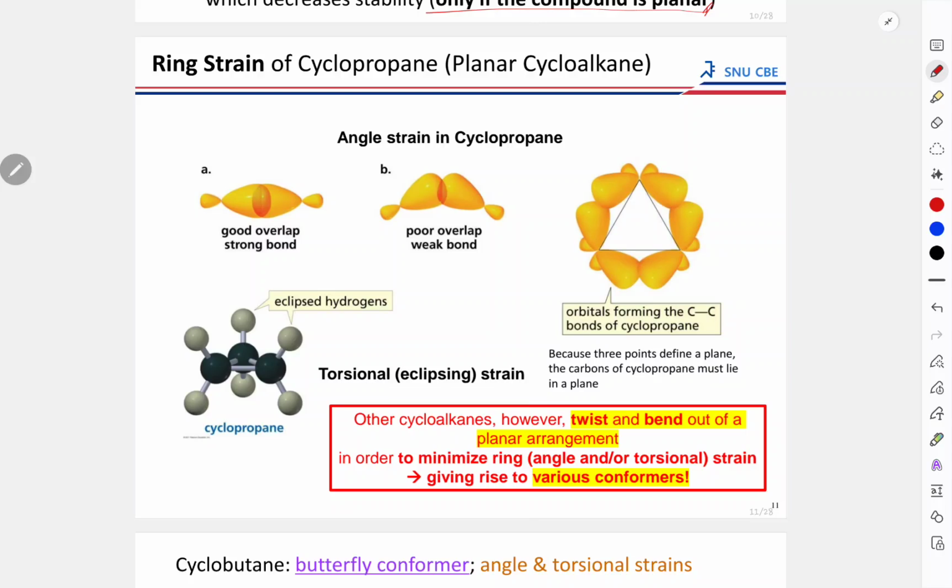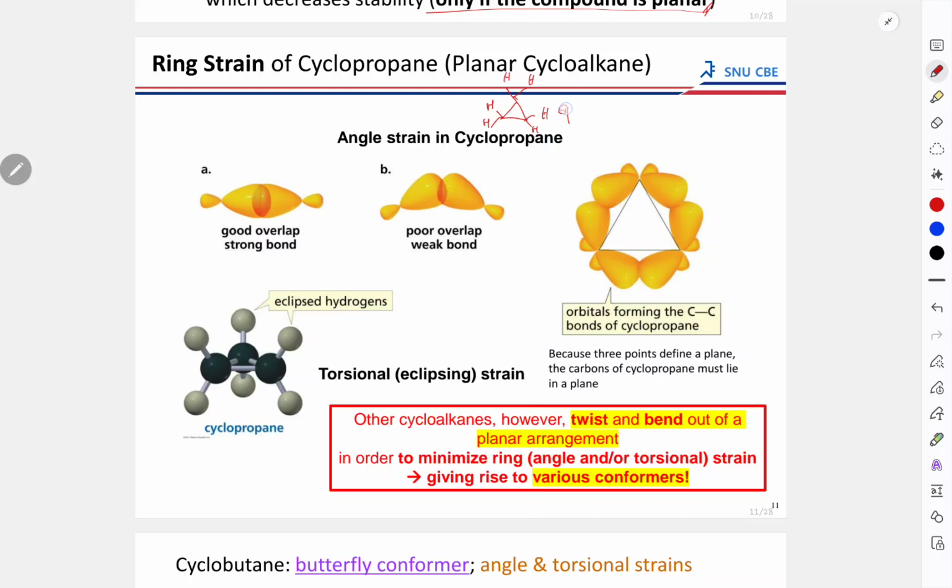And you know that for a strong bond, you need a good overlap between orbitals. Cyclopropane, for instance, has sp3 carbons. If you think about the number of arms, this carbon has 4 arms, so it must be sp3 hybridized.